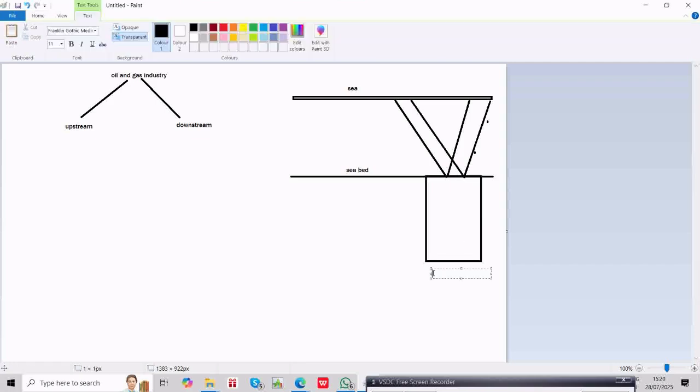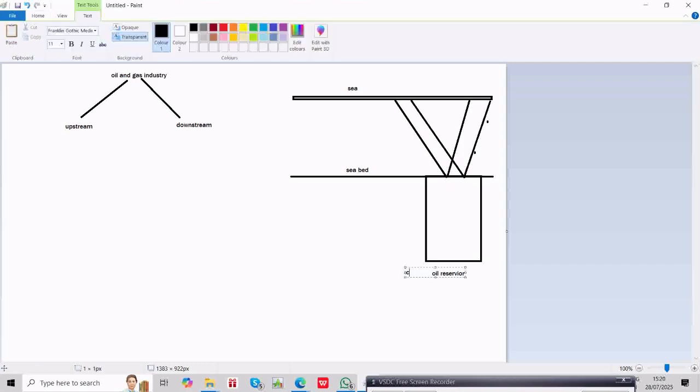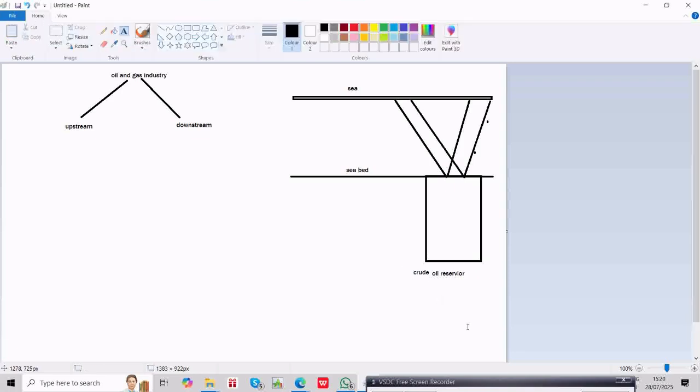Basically, it is crude oil, not just oil. So it's a crude oil reservoir below the seabed.